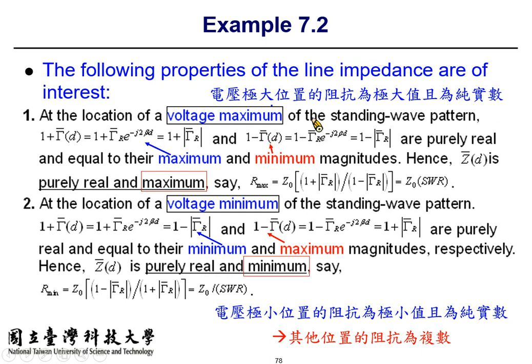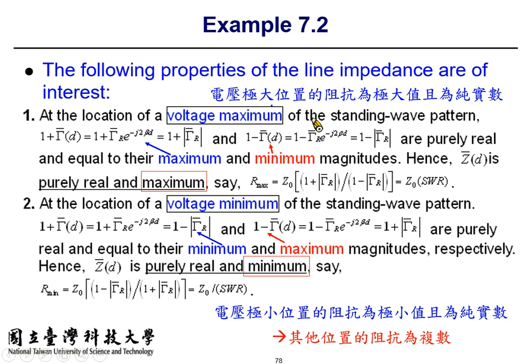On the right end of the constant SWR circle, you will have a voltage maximum. And on the other hand, on the left-hand side of the constant SWR circle, you will find the voltage minimum. And voltage maximum will be accompanied with current minimum, and the voltage minimum will accompany the current maximum, as we discussed last week.